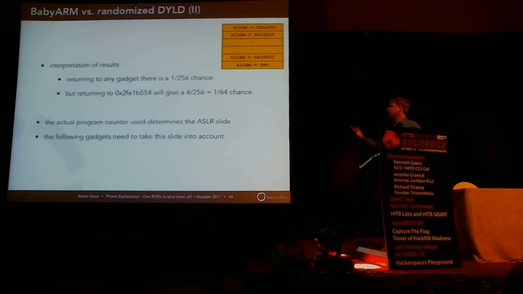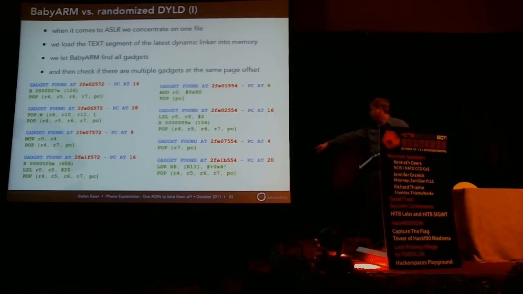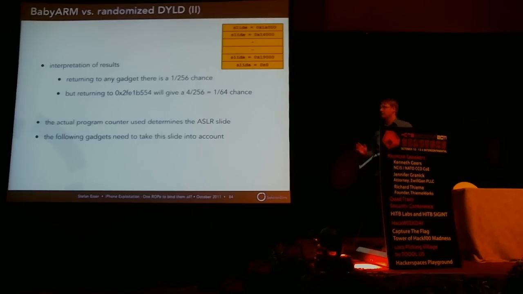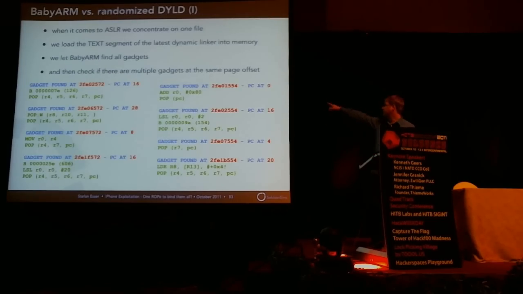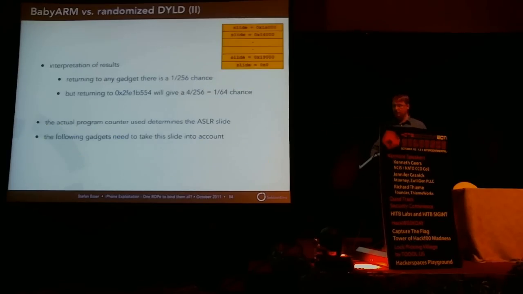But by returning to this red address here in the lower right corner, when you return to this address, because it's at the same page offset, in total there are 4 times at this page address there is a valid gadget. So suddenly your chance to hit a valid gadget is 4 in 256, which is 1 in 64.